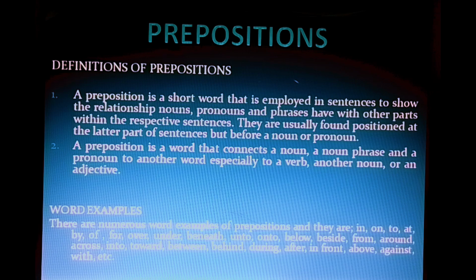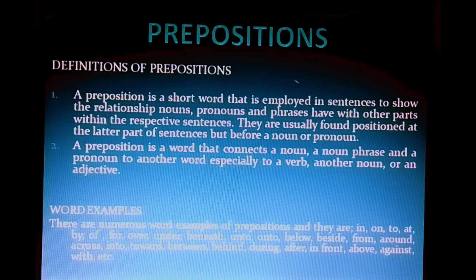A short word that is employed in sentences to show the relationship nouns, pronouns, and phrases have with other parts within the respective sentences. They are usually found positioned at the later part of sentences but before a noun or pronoun. In other words, prepositions cannot be at the end of a sentence.